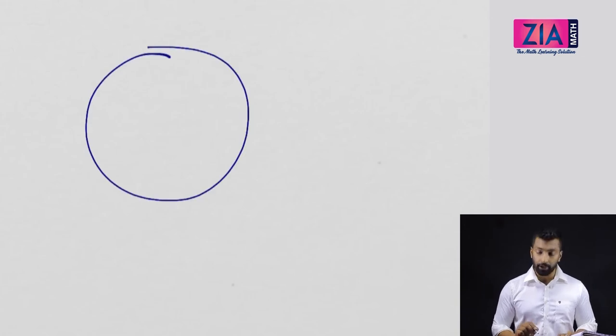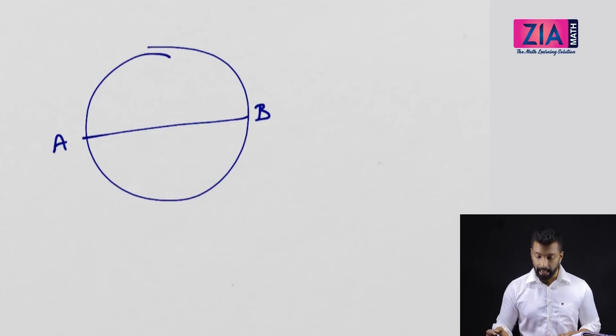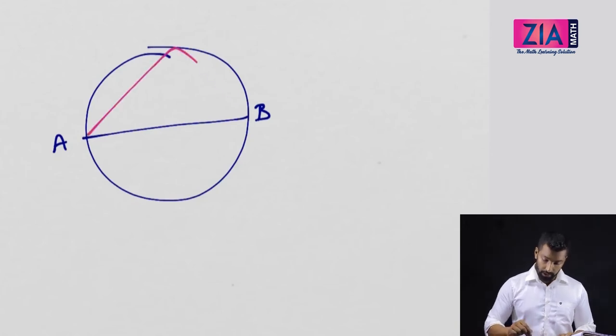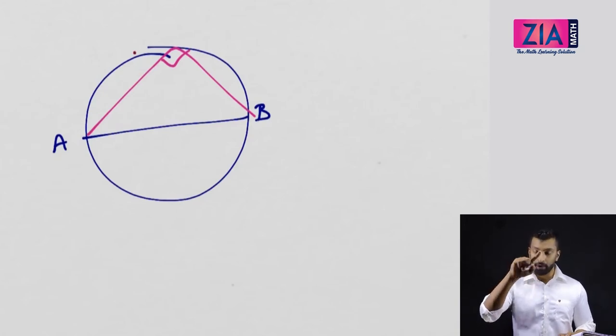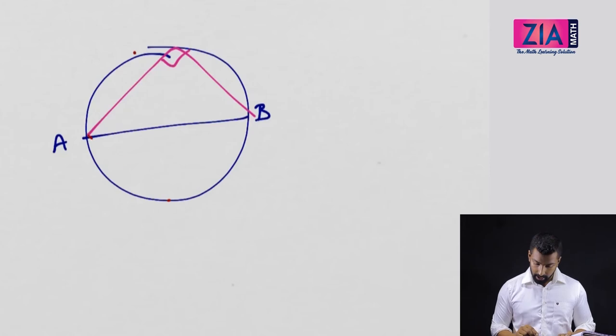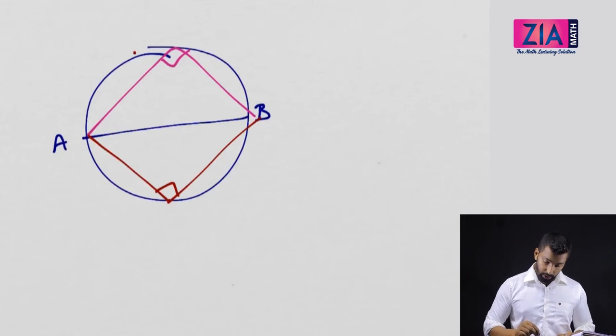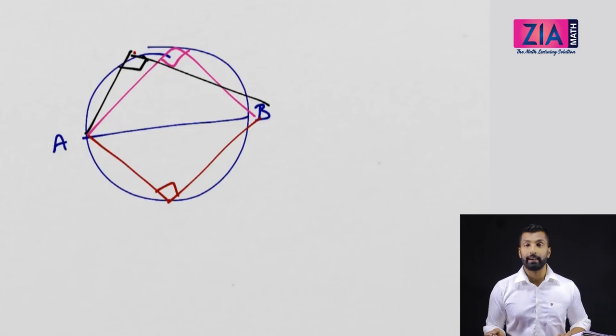You have a circle, and AB is the diameter. Now if you put a point anywhere on the circle and draw like this, the angle will be 90 degrees.